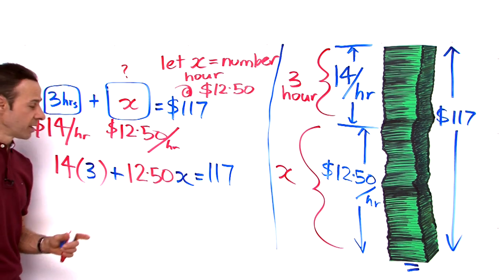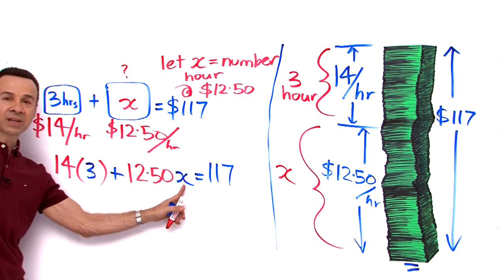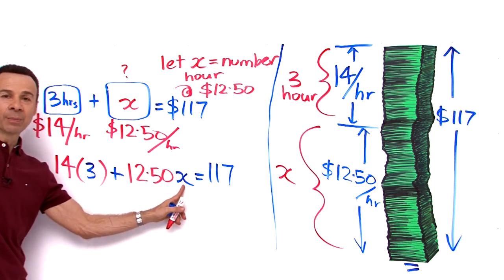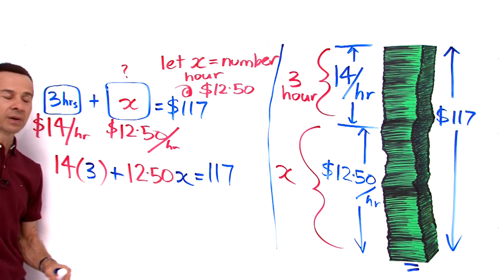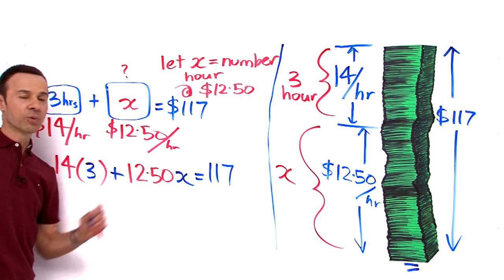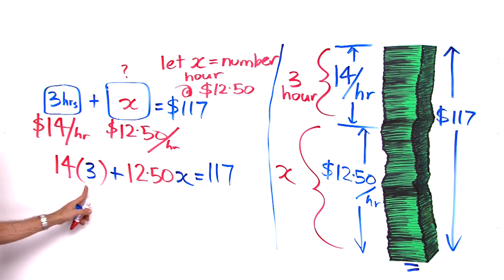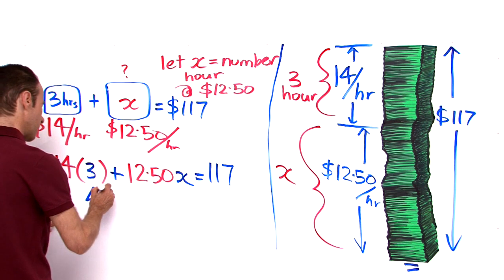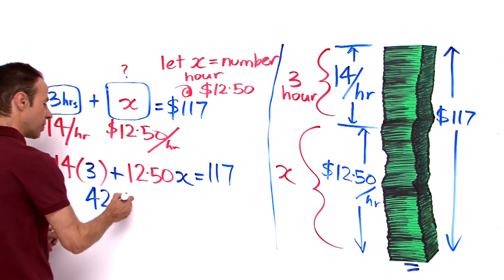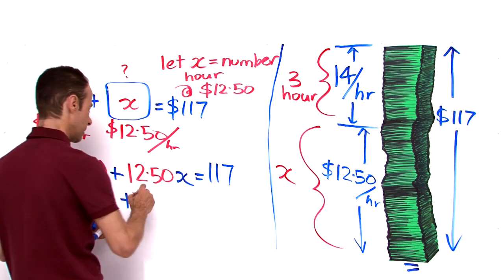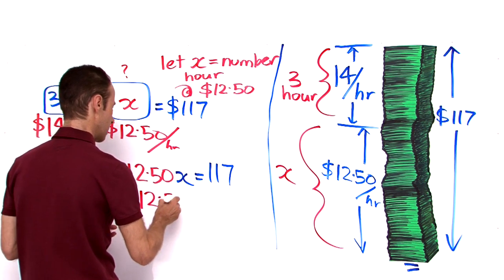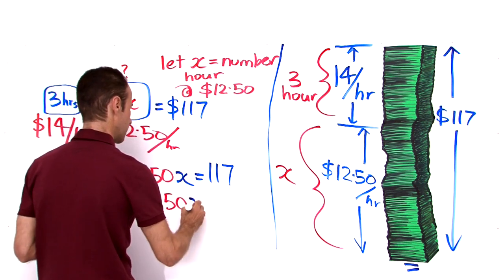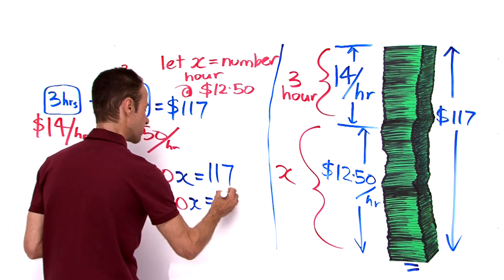Let's work it out and find the unknown, which is that X, that missing unknown right there. The number of hours he has to work at $12.50 plus this to equal that. Okay, let's work it out. 14 times 3 on your calculator will give you a value of $42 plus $12.50 X equals 117.